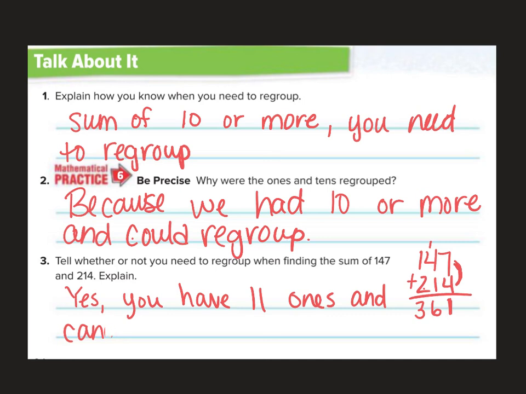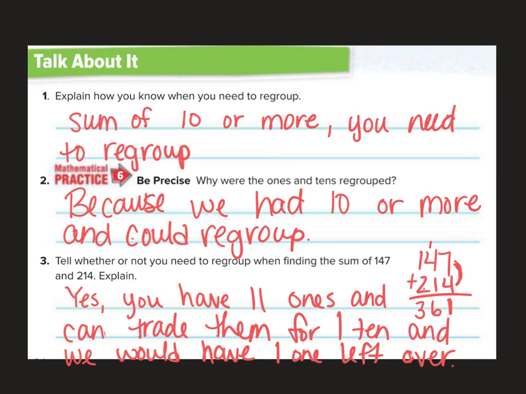If we have 11 ones, we can trade them out for 1 10, and then we would have 1 1 left over. Right? If I have 11 ones, I can trade it for 1 10 and 1 1. I already had 1 1, but I'd have 1 left over.